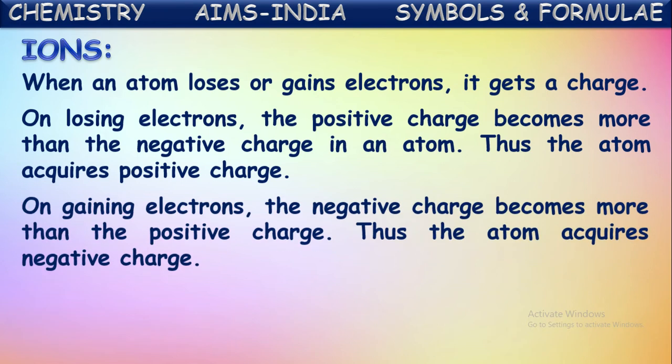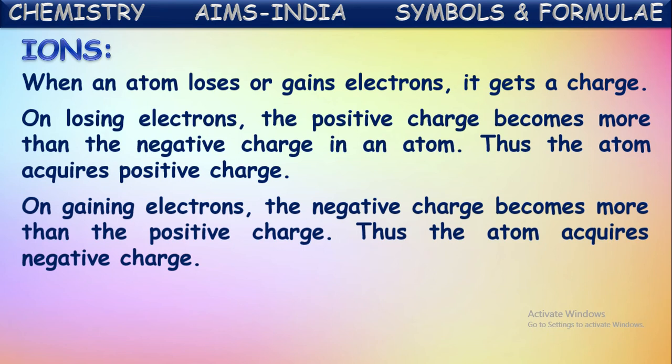In the other way, on gaining electrons, the negative charge becomes more than the positive charge. Thus, the atoms acquire negative charge. Some atoms attain octet configuration by gaining electrons. Some lose electrons, and some other elements gain electrons so that they attain octet configuration.